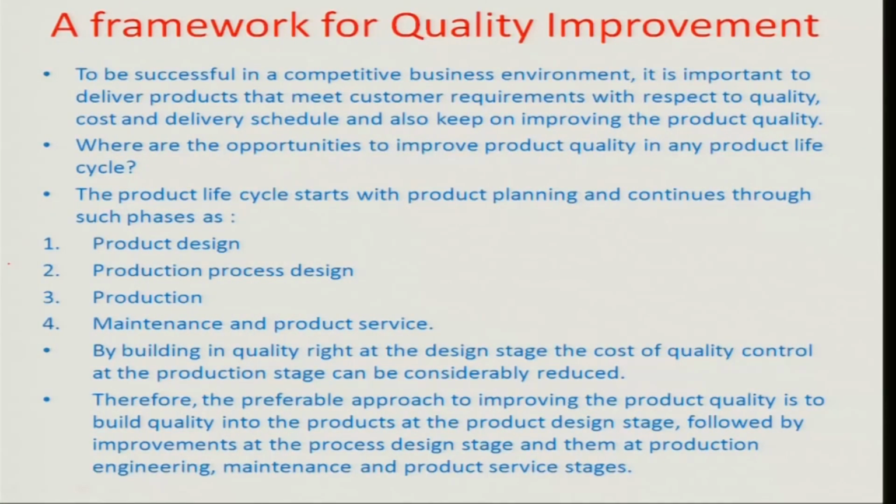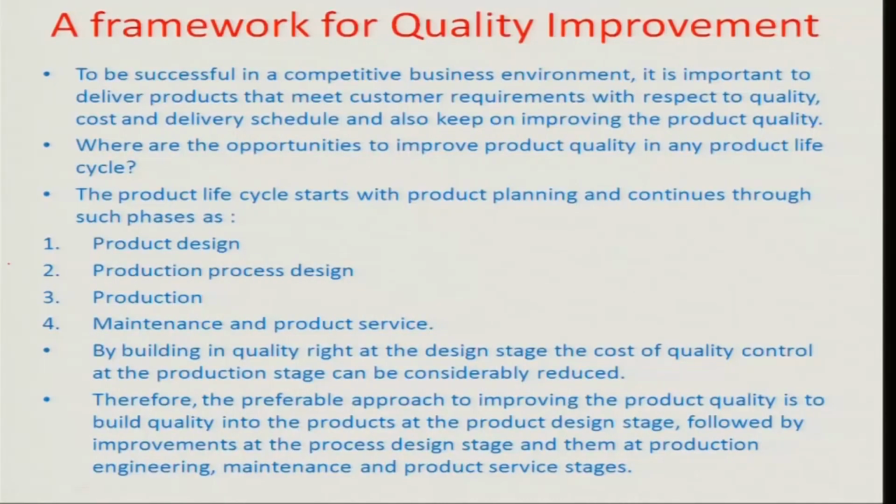The other issue is overall, there has to be a framework where you have quality improvement at every stage of a particular business, and the quality has to have its presence in all the different phases of the product life cycle as such. You know that the life cycle starts with the product design stage, then the production process design stage, the actual production stage, and then the maintenance and the product service stage.